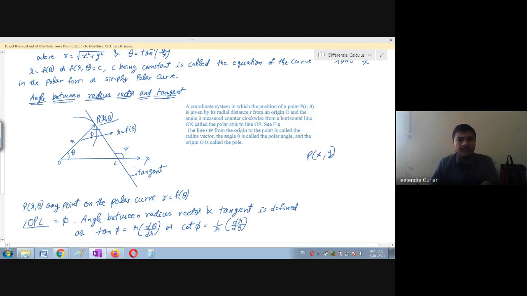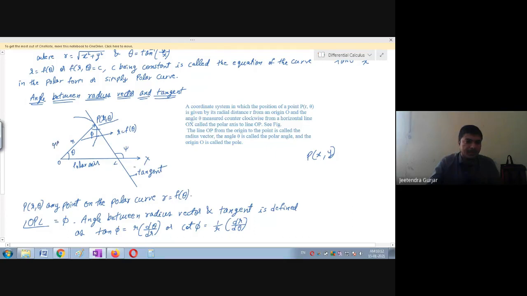So next we see that this angle theta is measured counterclockwise from the horizontal line OX, called the polar axis. So please remember, this is our polar axis. The line OP from the origin to the point is called the radius vector.